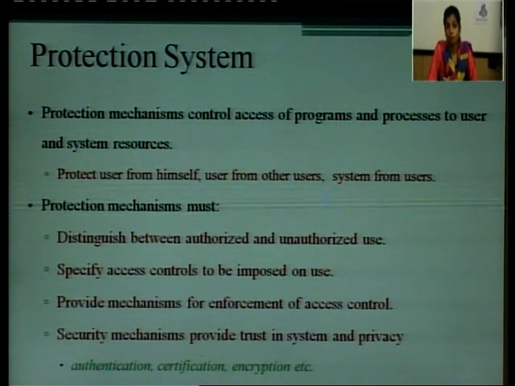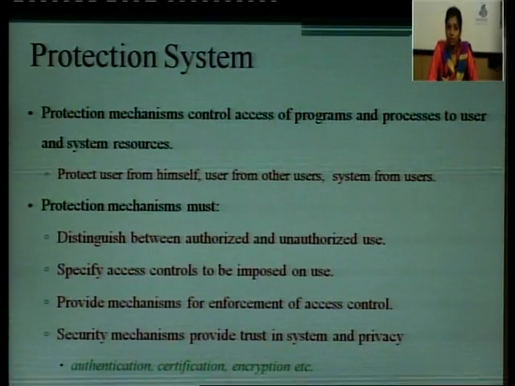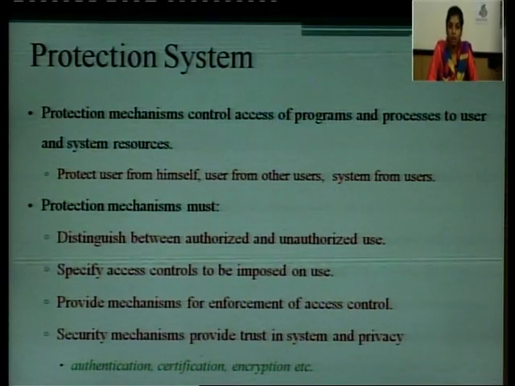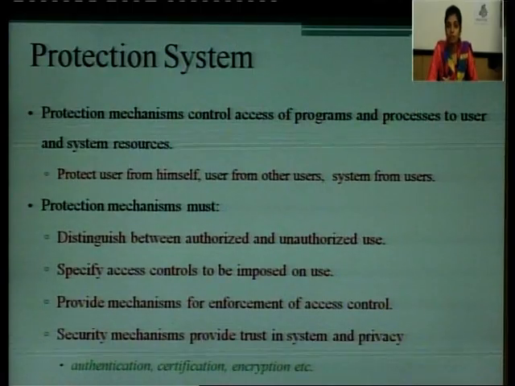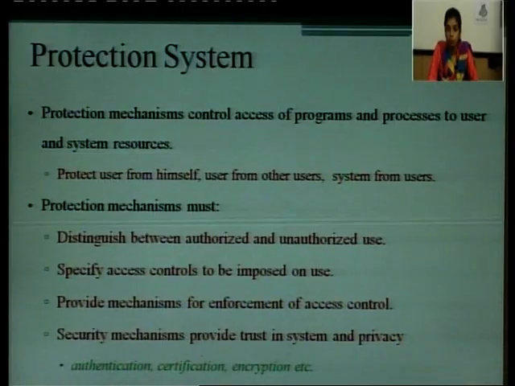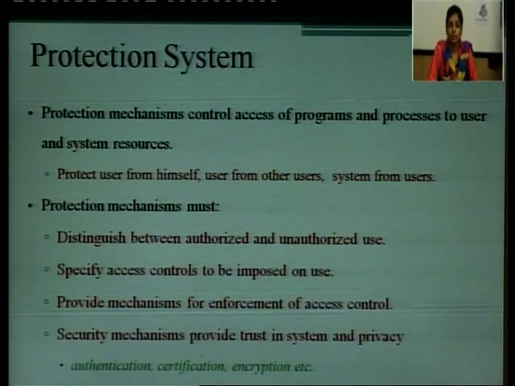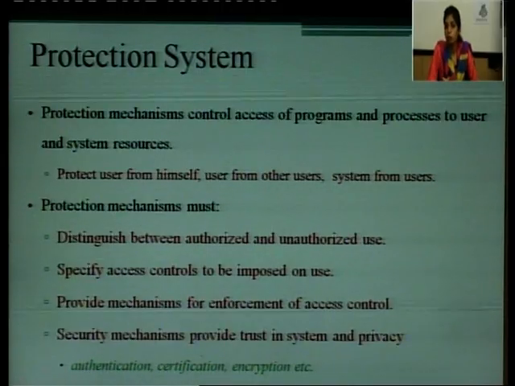User account system means a number of users have their own accounts. The person who has an account is an authorized user, and only an authorized user can access that particular system's data and files. So protection means distinguishing between authorized users and unauthorized users.